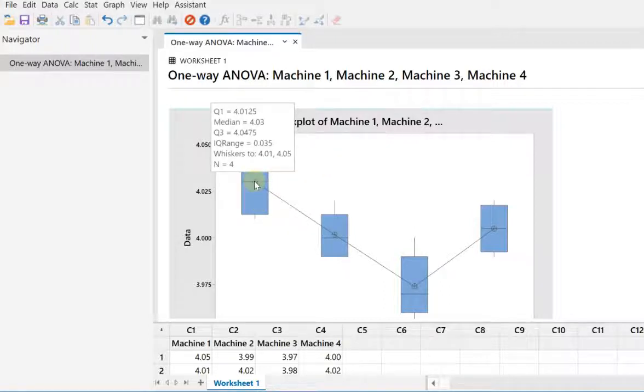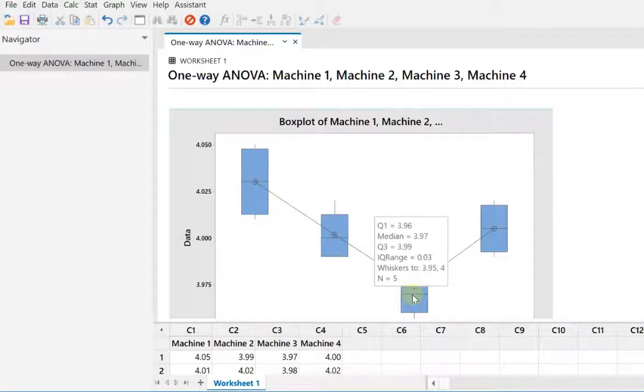Sorry, I'm trying to find that mean. There you go. See, mean 4.03 and median 4.03. See the one with the circle? Those are the means. Here's the mean, but the median is different. In a box plot, the line that you see is drawn at the median. So anyway, see those means are not the same.